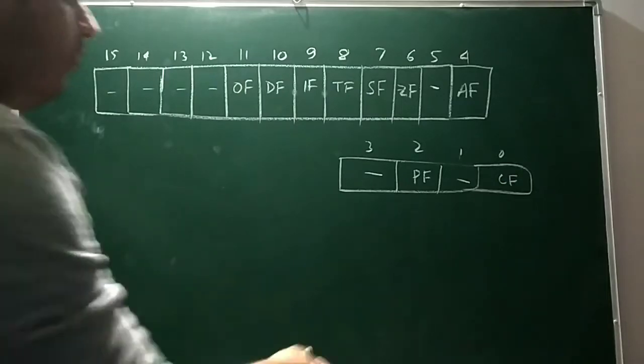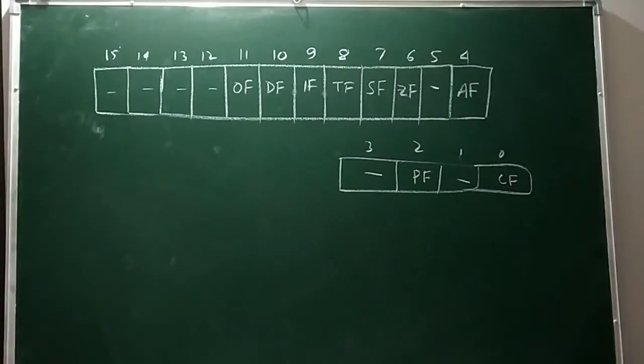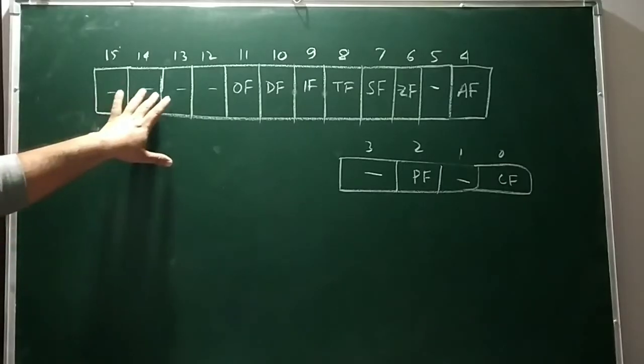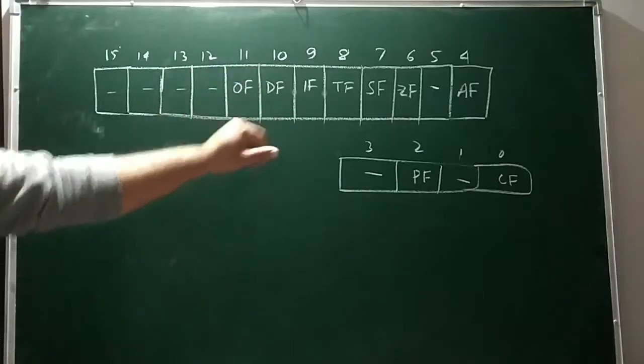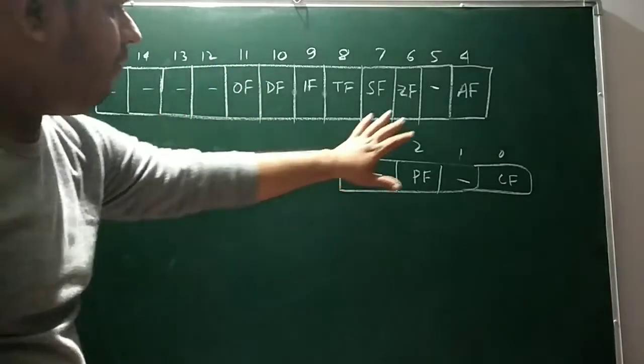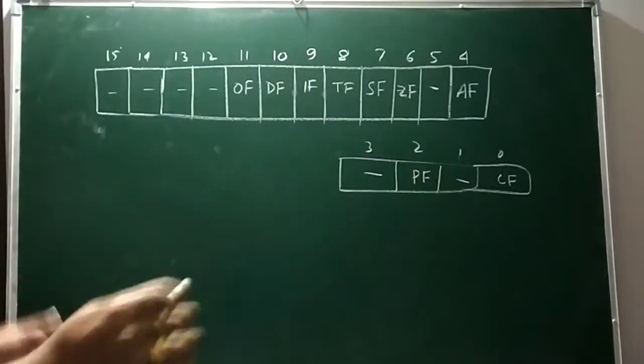Bits 0 to 15 mean the 8086 flag register is 16-bit. Bits 15, 14, 13, 12 are undefined or unused bits. Bits 5, 3, 1 are also unused bits.